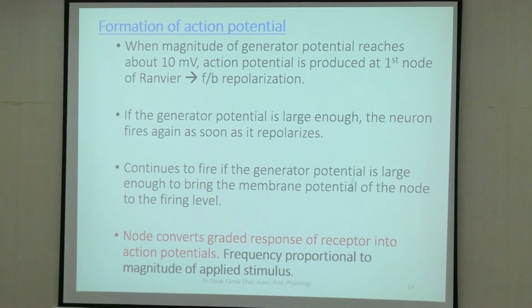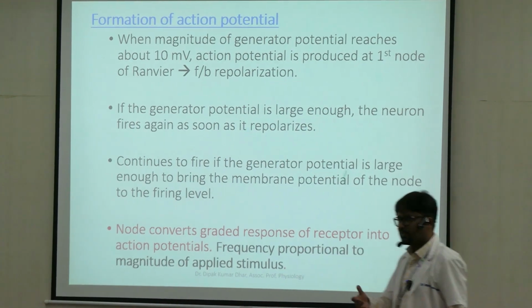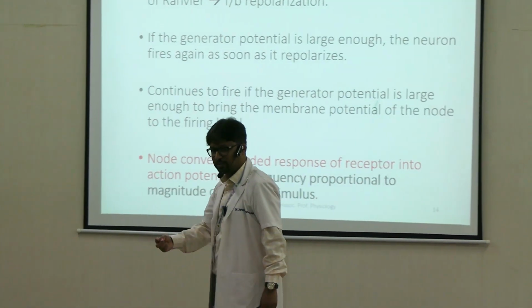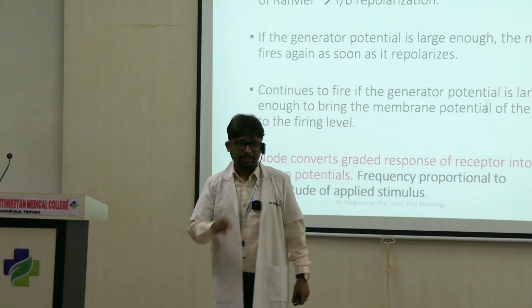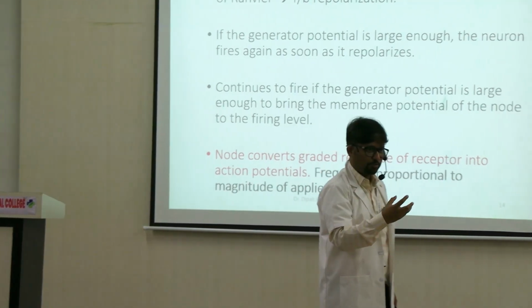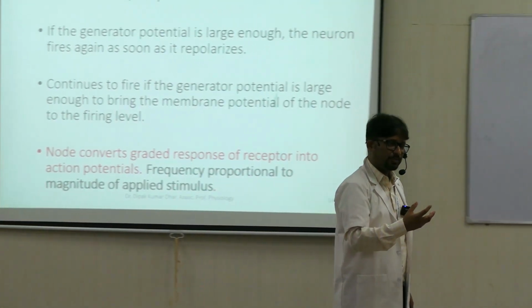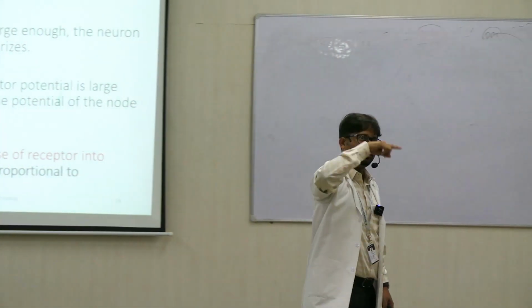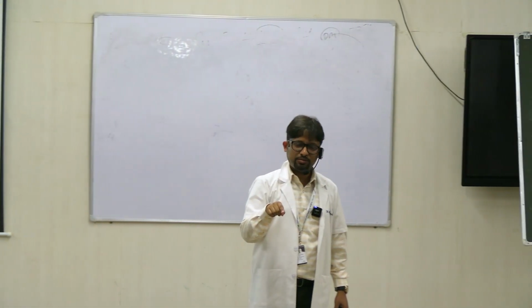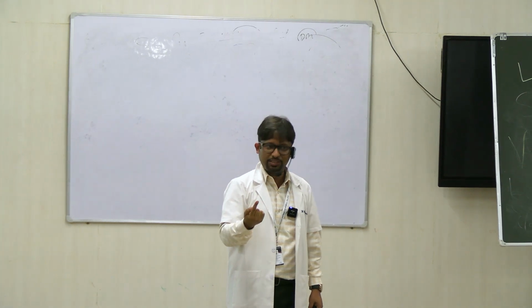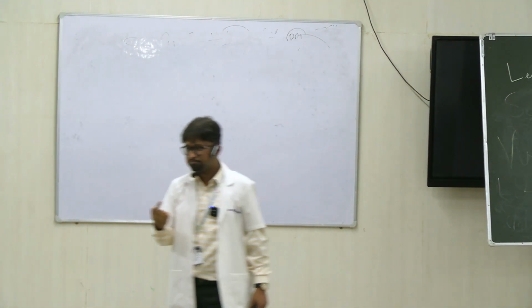Action potential by definition says that there is a depolarization followed by a repolarization. So if the initial receptor potential magnitude is 10 millivolt only, you get one depolarization followed by one repolarization. You get one action potential, one impulse in the nerve.